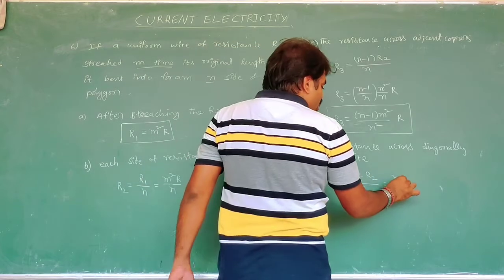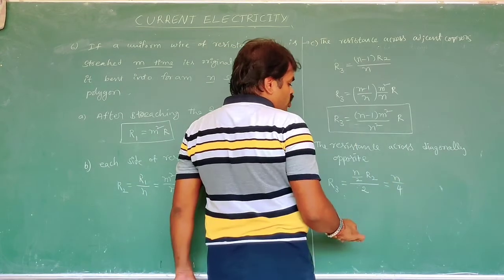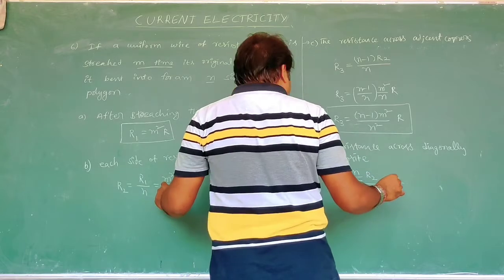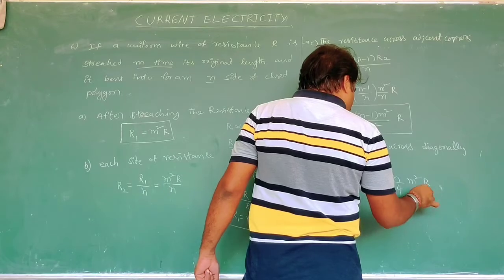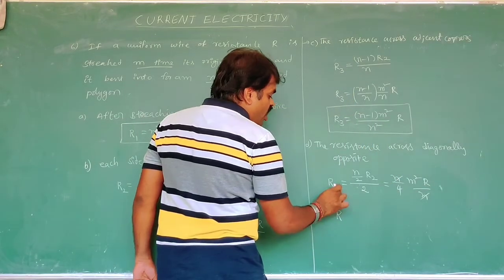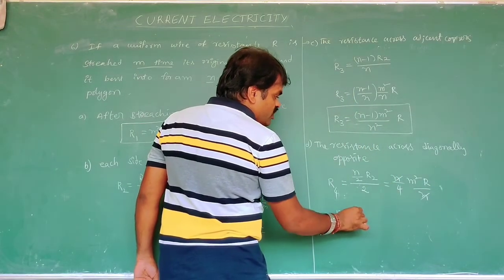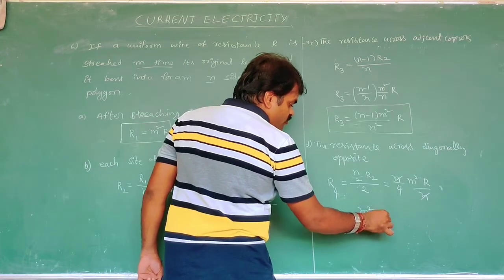Then we substitute n by 4 into R2, and R2 is m square R by n. The n cancels, so R4 is equal to m square R by 4.